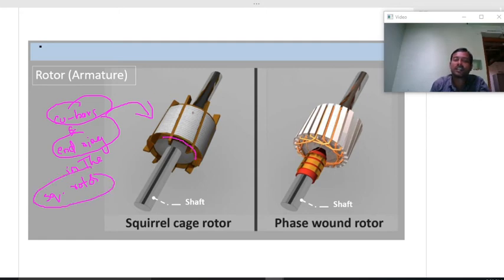This is the end ring, and on the outer side also an end ring will be there, and these laminations will be supported by the copper bars. These are the copper bars, so that this becomes a squirrel cage rotor.